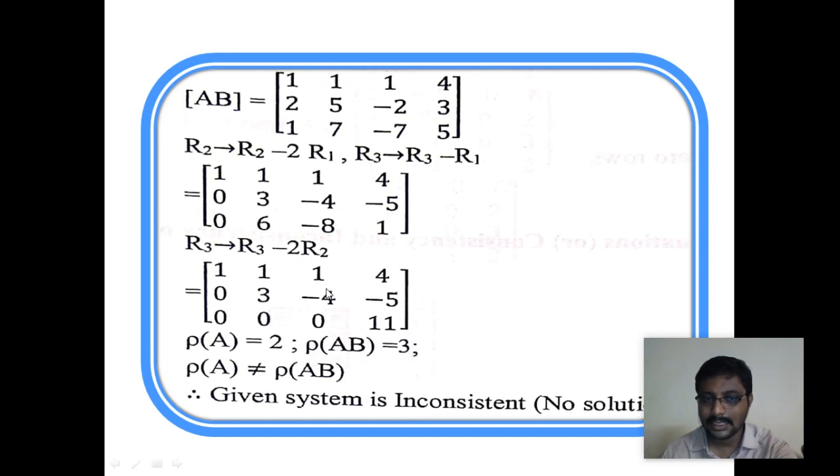Considering only the first three columns, which belong to A, the number of non-zero rows is 2. So the rank of A is 2. Clearly both ranks are not equal, so the given system is inconsistent and has no solution.